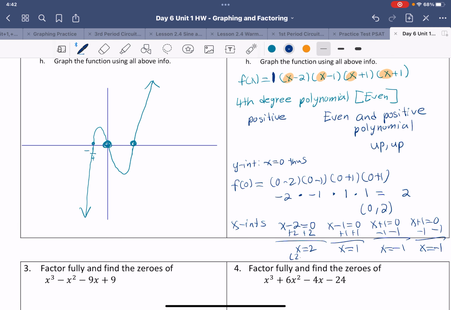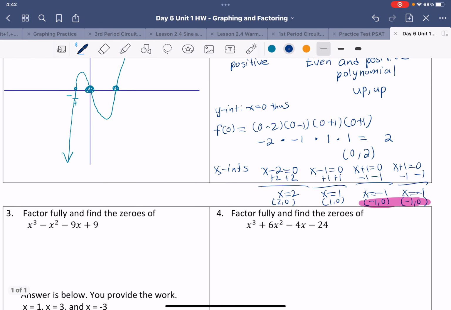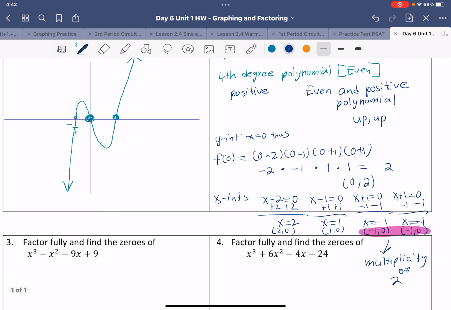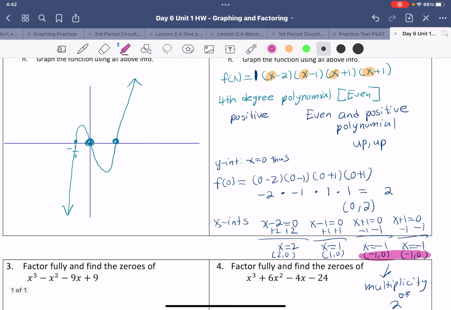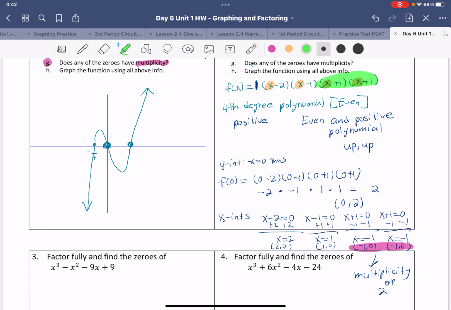And so that means 2, comma 0, 1, comma 0, and negative 1, comma 0 twice. So this is a first example, everybody, of a multiplicity of 2. And that's because, I'll highlight in green, does everybody see that this happens twice? So when something happens twice, we say that's a multiplicity of 2. And you're going to see how that affects our graph.